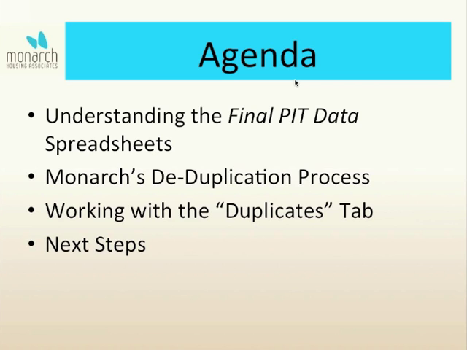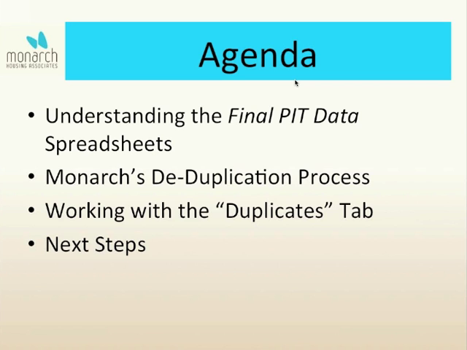The next point will be working with the duplicates tab in your final data spreadsheet, because that is where we did all our deduplication, and we want you to understand what fields we were looking at so that if you have any other questions or suggestions for deduplication, you can address those in that tab accurately as well. Finally, we'll wrap up with some next steps that we need everyone to be mindful of, and the way that we're going to move forward communicating regarding this deduplication process with you.